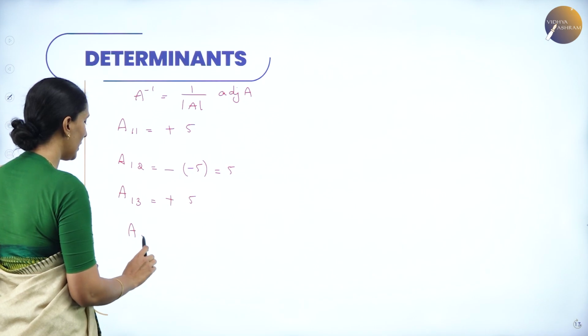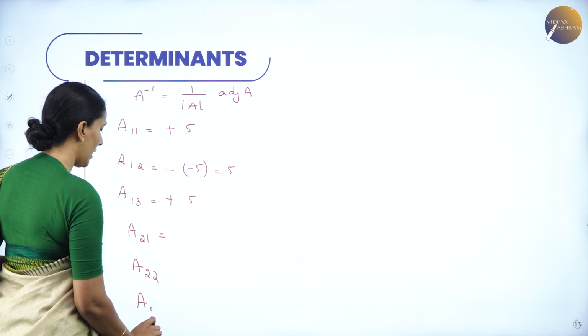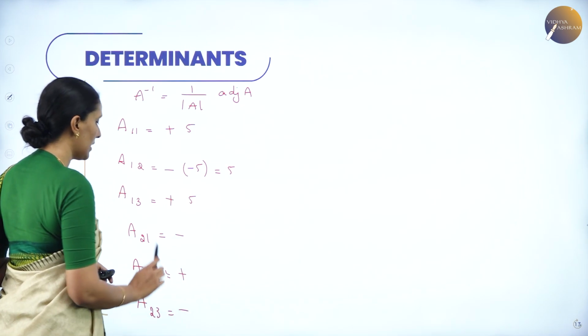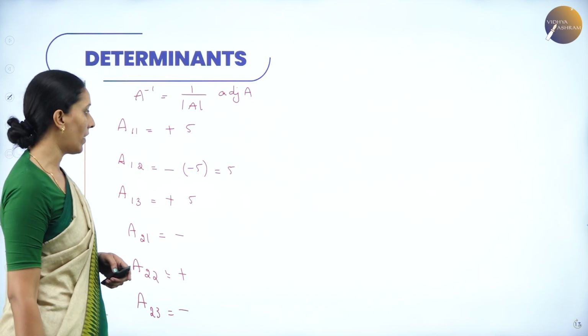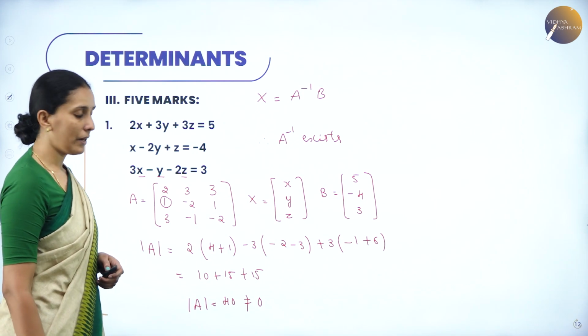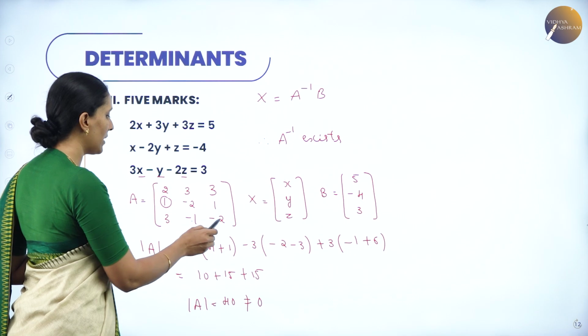So we are calculating A21, A22, A23, with signs minus, plus, minus. Let's calculate A21. For A21, delete the row and column of this element. We have 3, 3, -1, -2.